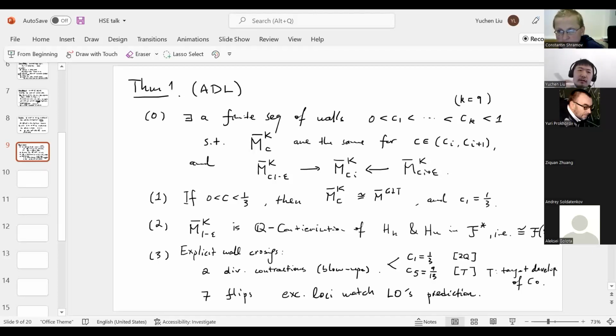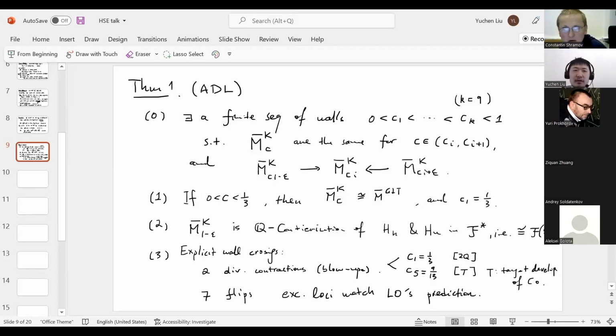But actually, there are 10 walls. If you think about M1 minus epsilon to F star, that's another wall, but it's like a small modification. So you can think about F star sitting at the end, which is on the last wall, which is 1. But the full wall, you don't cross it, you reach it.